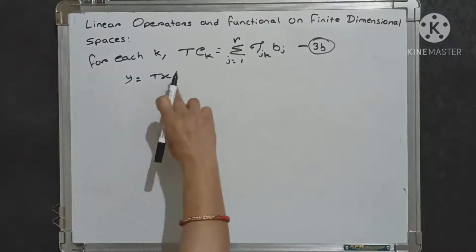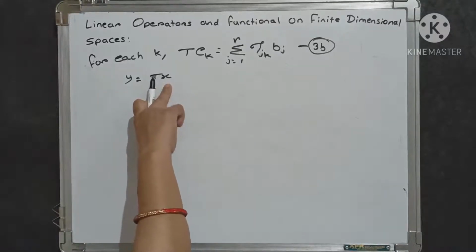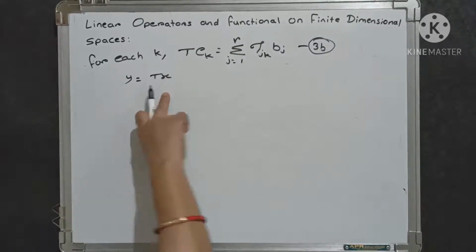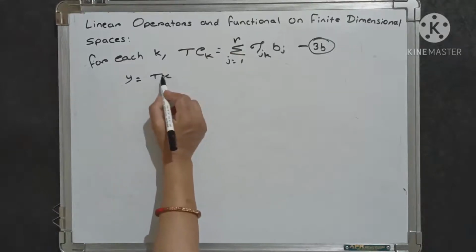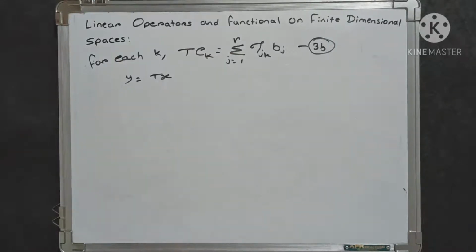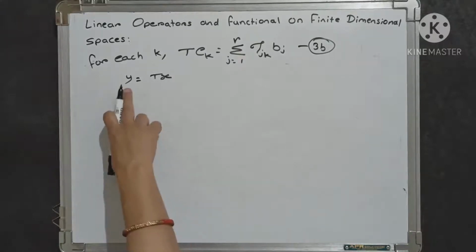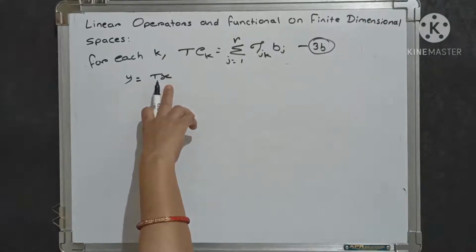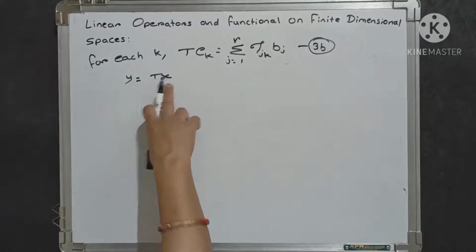Also here we have the value of x, because small x is an element, that is a vector, of the vector space capital X, and capital X is finite dimensional, therefore it has a basis e1, e2 up to e_n, and therefore now we are putting the value of y, and here we are putting the value of Tx from equation 3A and equation 2.